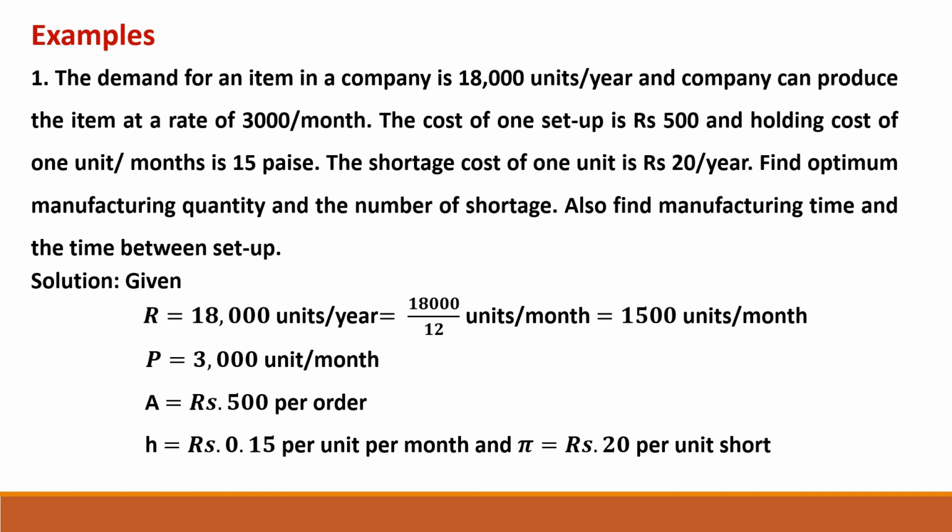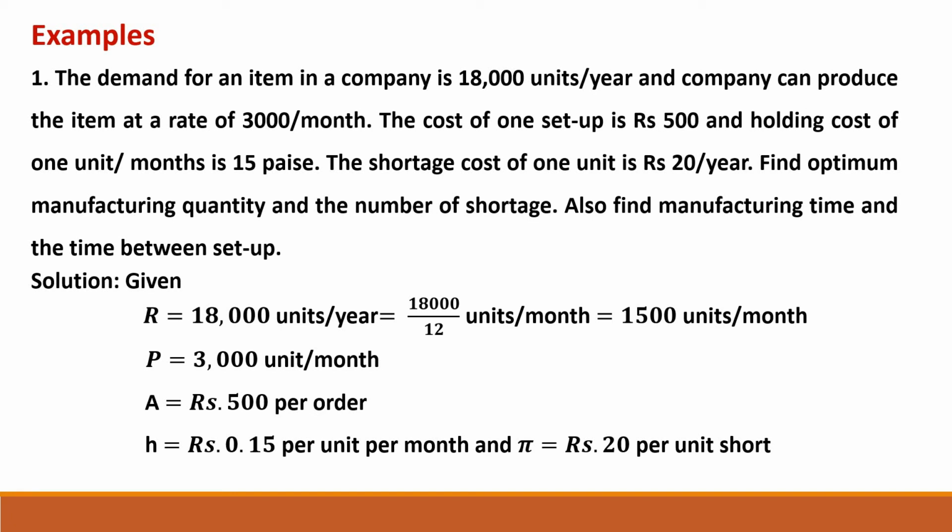The shortage cost of one unit is rupees 20 per year. Find optimum manufacturing quantity and the number of shortages. Also find manufacturing time and time between setups. This time between setups is cycle time.